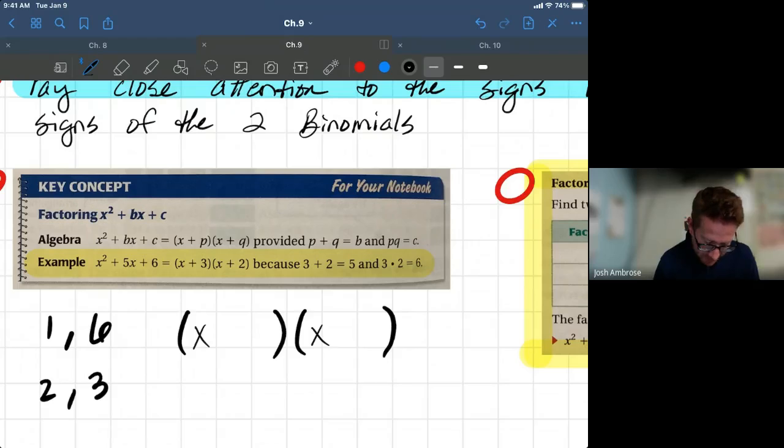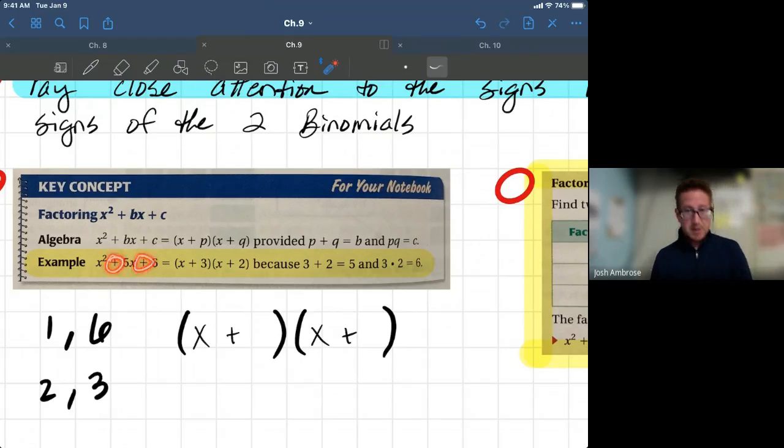Now, I'm going to give you another chart, but just to jump ahead, these are both plus signs in here because these are both plus signs right here. Again, inside here, both plus signs because these are both plus signs. Now comes the part where we have to figure out, how do we know that 3 and 2 are the correct answers? Here's how.